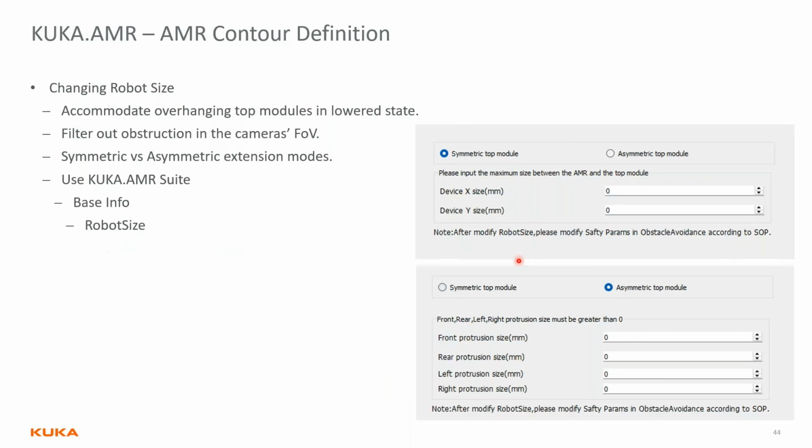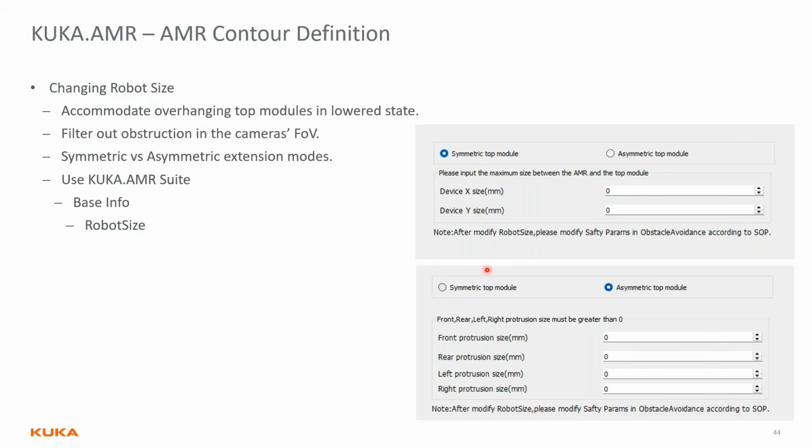The AMR contour definition: like I said, the AMR knows its size. But when you put a top module on top of it that extends the AMR size, it doesn't know that. So you need to tell it that this is your new size, that you put something on top of it that's bigger. You need to go into KUKA AMR suite and define this new size. We support two different modes, symmetric and asymmetric.